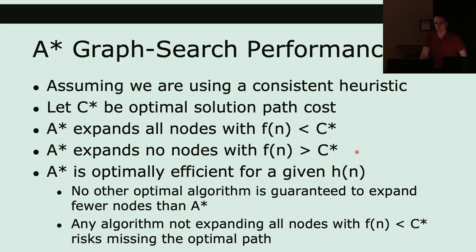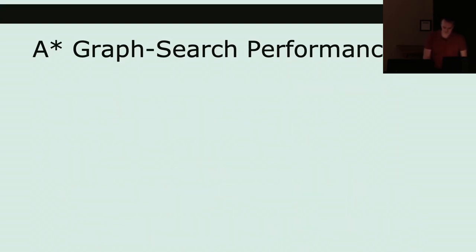Because if it didn't expand every single path that was less than the cost of the optimal path, it may have missed the optimal path, right? So A-star is the one that expands the fewest amount of nodes and still guarantees us the fact that we know that it's the optimal path. So any algorithm not expanding all nodes with f of n less than C-star risks missing the optimal path.